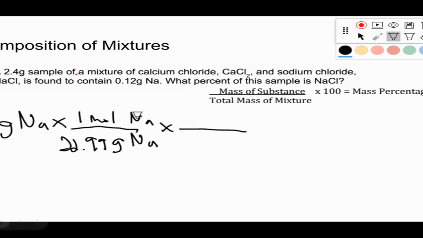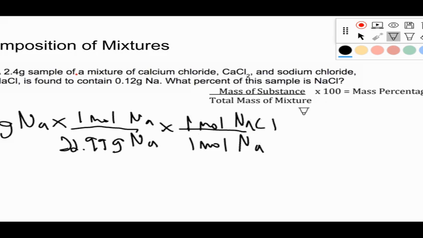So now I'm into moles of Na, but my big picture item is I have to get to NaCl. So we're going to do like we did before, where we are converting. If I can do 1 molecule of something, I can also do a mole of something. So I'm going to do 1 mole of Na is equal to 1 mole of NaCl, because they have an equal amount of each based on the chemical formula, because NaCl doesn't have any subscripts.